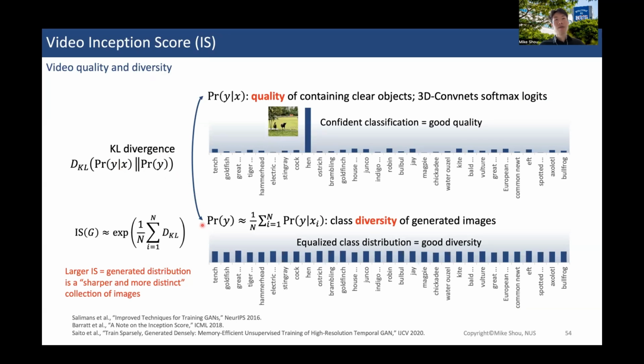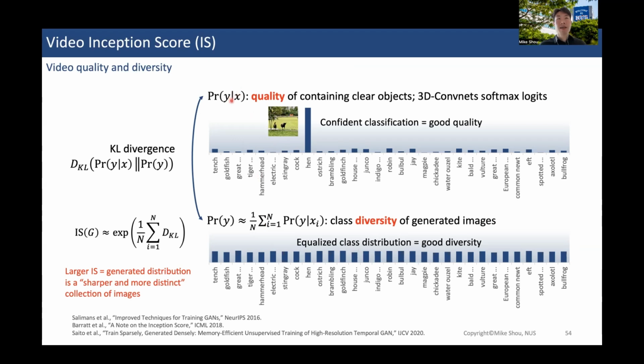The first one is the probability of Y, which has no condition. Essentially we just ask the model to randomly generate something. After generation, we could do, for example, classification to determine the class of the generated image. If the generated images fall roughly uniformly into different categories, that means your generated images have very good diversity in terms of sampling different classes.